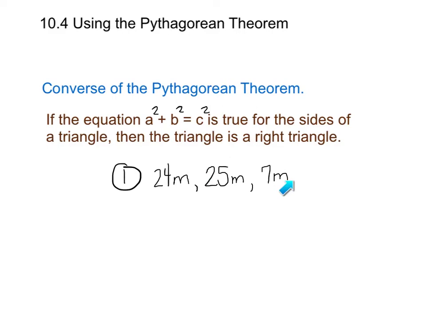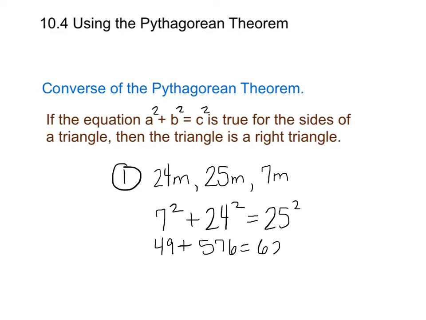So I always think it's easier just to put A as your smallest number, B as your next smallest number, and C as your biggest number. Now remember, 7 and 24 can be interchangeable because the legs, it doesn't matter what you plug in for A or B. So now we just simplify. 7 squared is 49. 24 squared is 576.